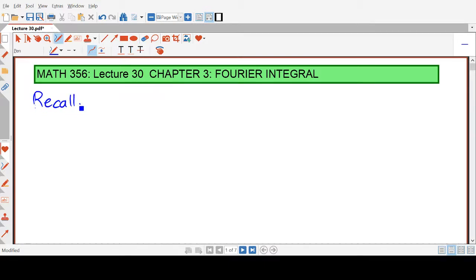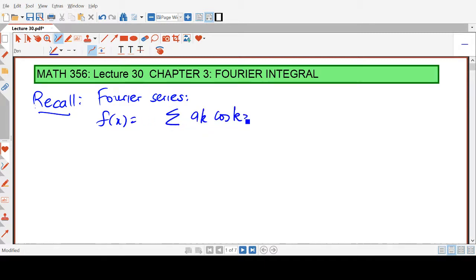Recall the Fourier series. We can write any function f of x in the shape sigma a_k cos kx plus b_k sin kx, k equals 0 to infinity. As long as you can calculate these coefficients, you can write a function in that shape.